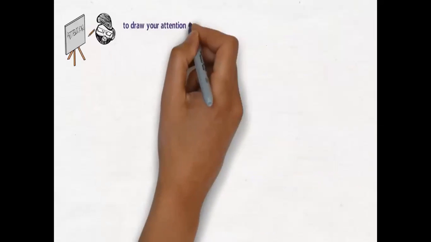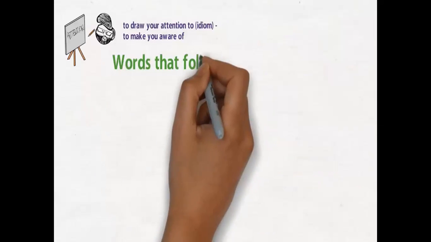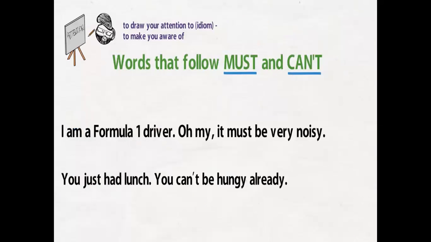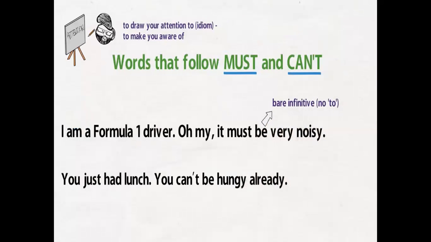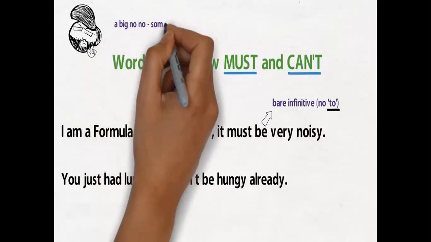And now, I would like to draw your attention to the words that follow must and can't. In the first example, we have the verb to be, but in its bare infinitive form. That means that it's so basic that it doesn't have the marker to in front of it. Also, try remembering the whole phrase as is, because saying something like "it must to be very noisy" is a big no-no.